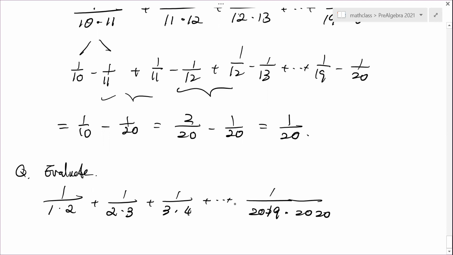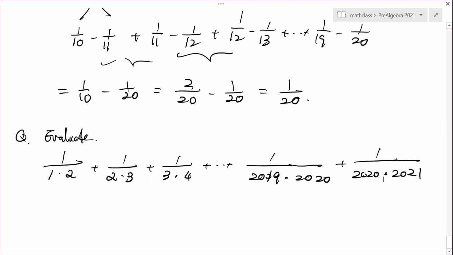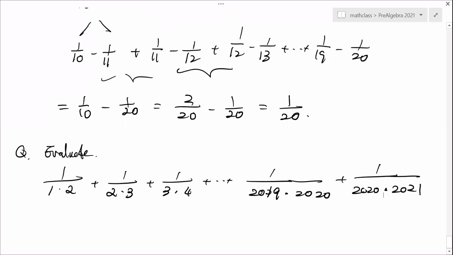Okay, how many terms here? You have 2020 terms here, right? So let's try to add them together. Okay, can you do that? The idea is very similar to the previous one.